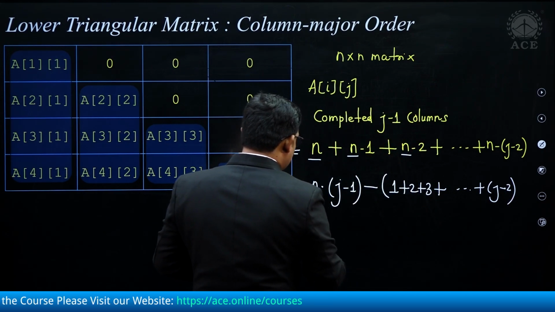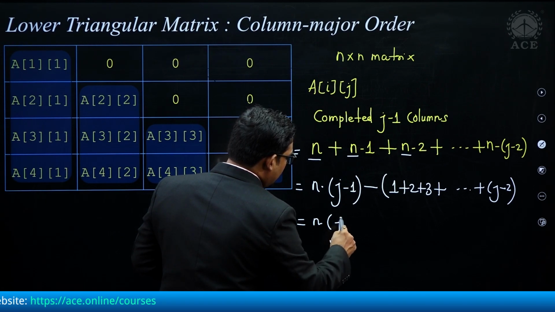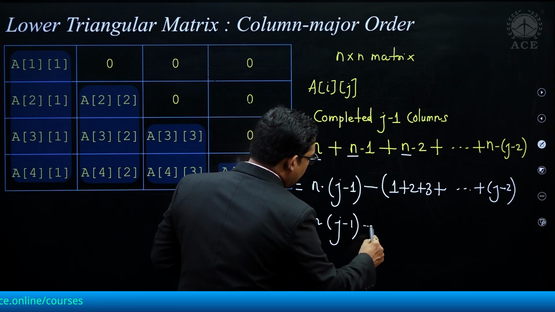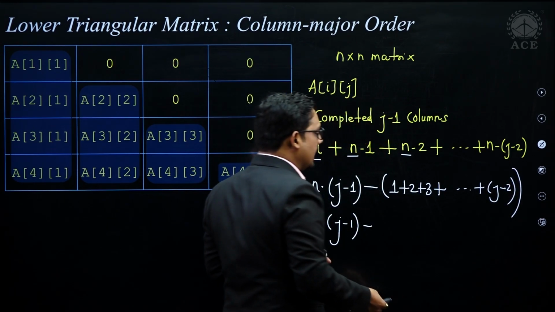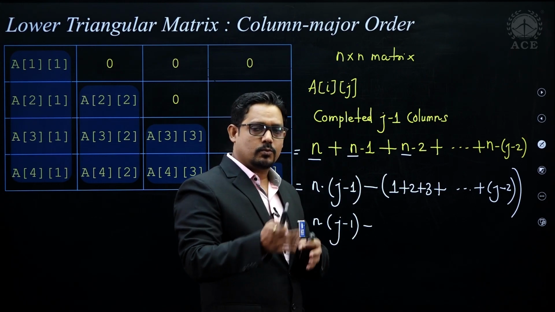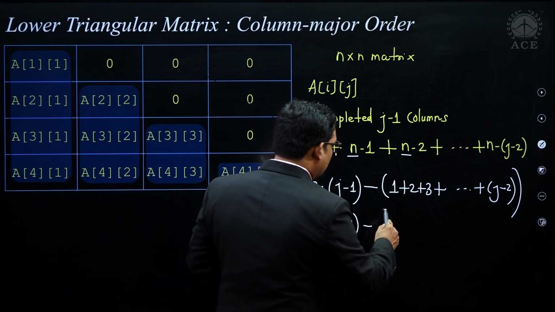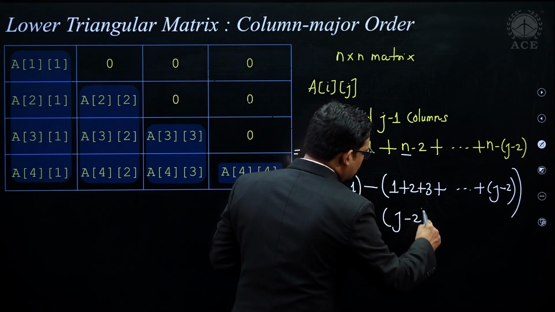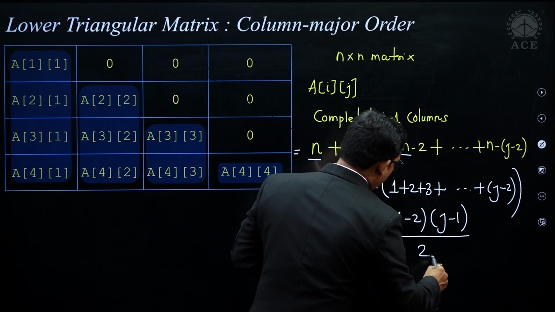This can be rewritten as n into (j minus 1) minus the sum of j minus 2 natural numbers, which is (j minus 2) into (j minus 2 plus 1) divided by 2, that is (j minus 2) into (j minus 1) divided by 2.